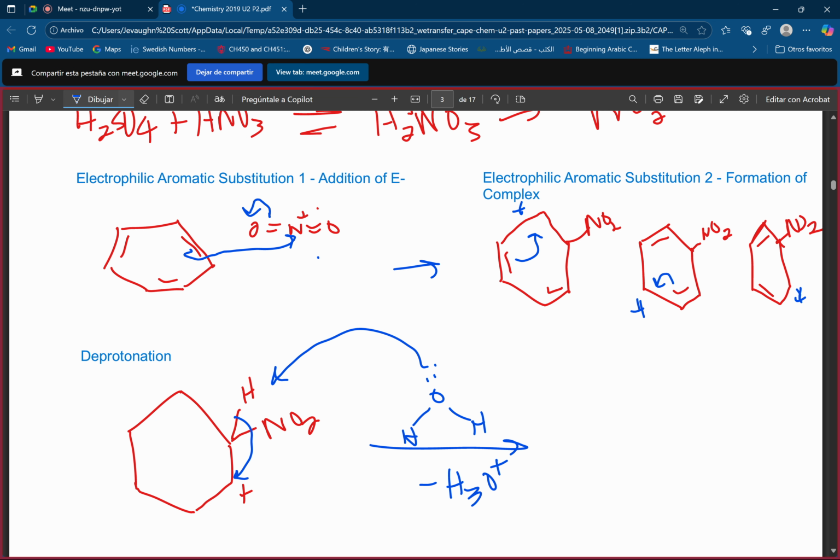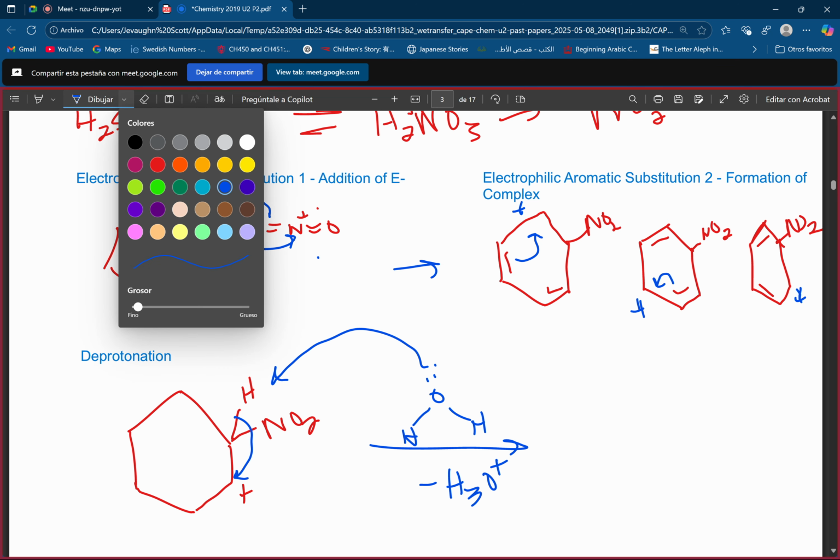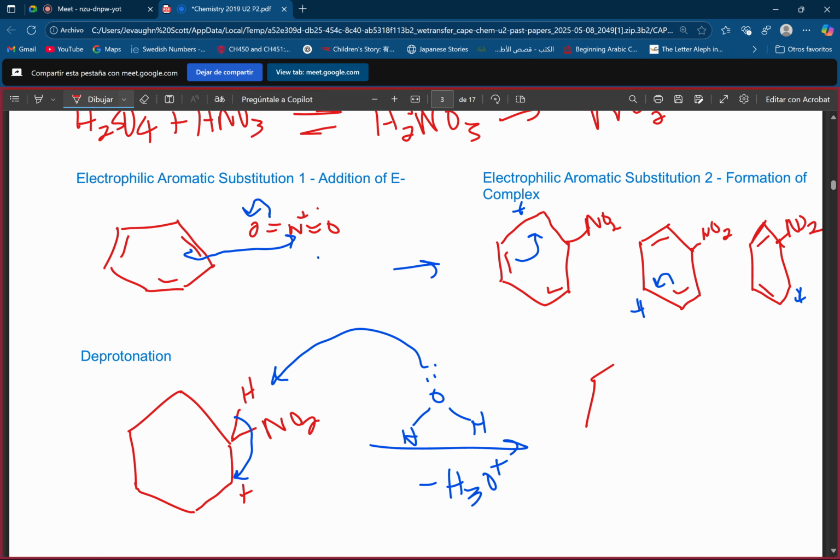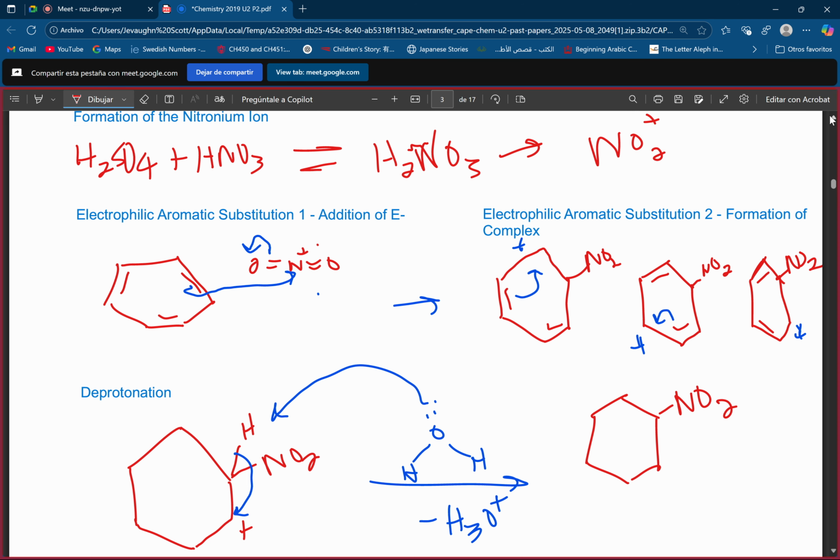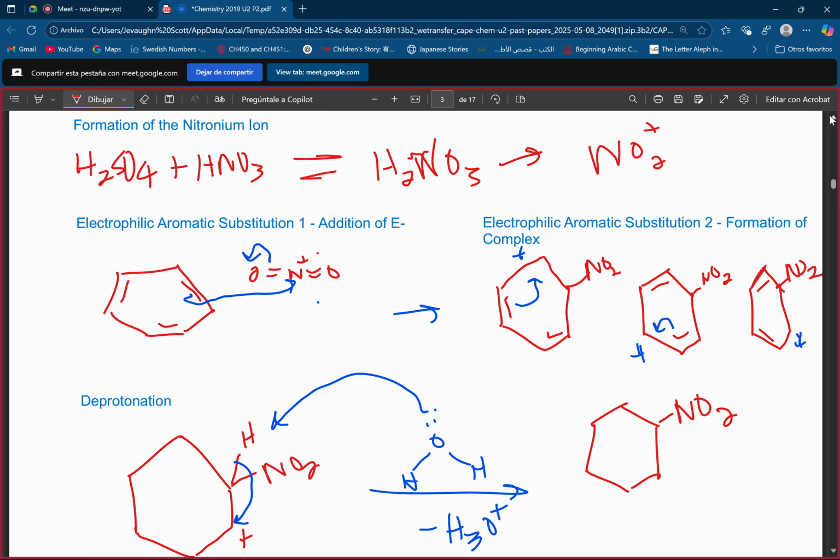This would now produce what? Nitrobenzene, right? We'll produce our stable nitrobenzene, NO2. Alright, so that is the mechanism, but I think I would prefer to use HSO4 here. So let me use HSO4 here.